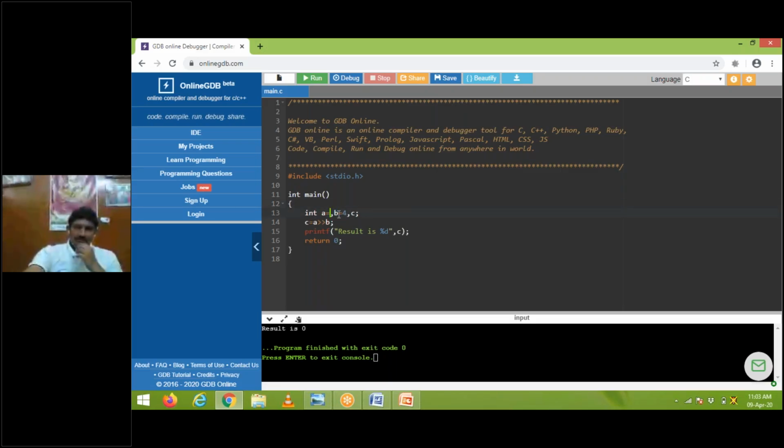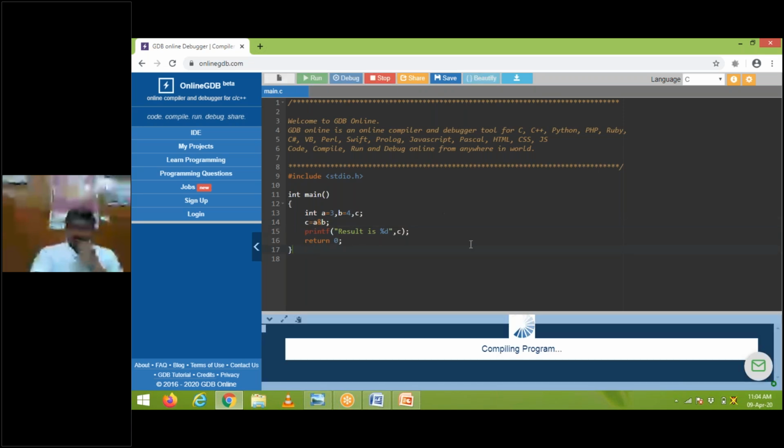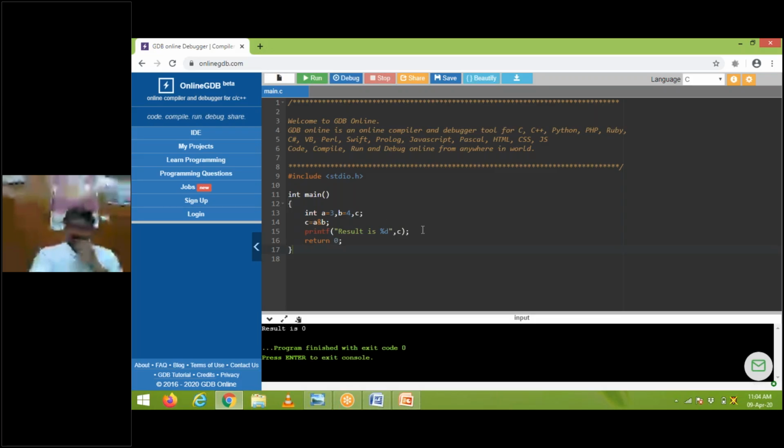Int a equal to 3, b equal to 4. I'm giving a and b, and I am printing the result here. For 3 and 4, the result is 0 only. You can check the a and b values.